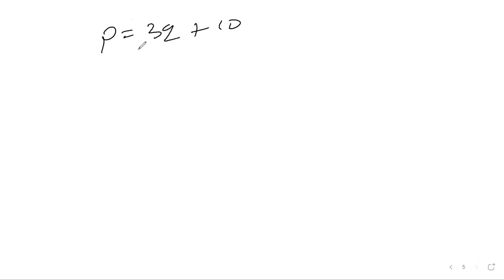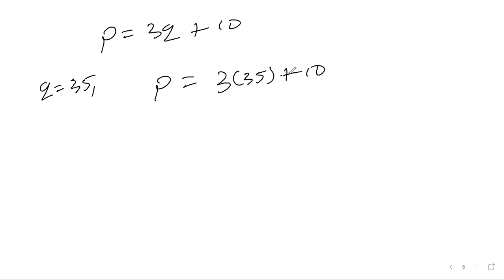So the cost to produce 35 units: when Q equals 35, P will be 3 times 35 plus 10. 3 times 35 should be 105, if I'm not mistaken, plus 10, which is 115 rand. That's the cost to produce 35 units.